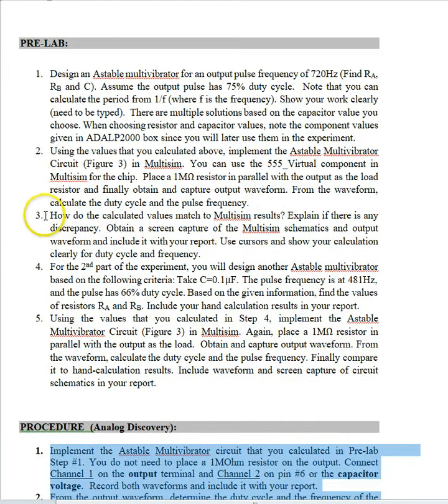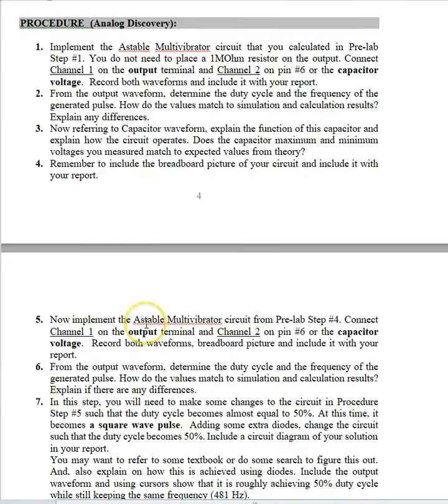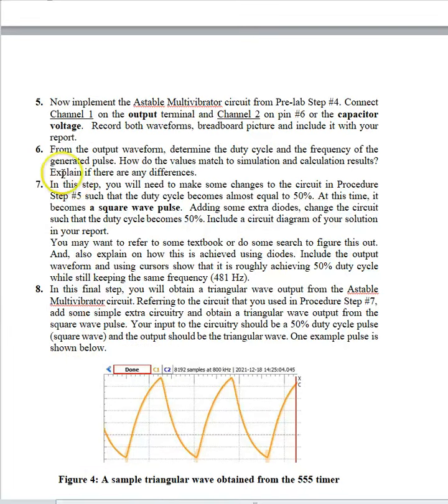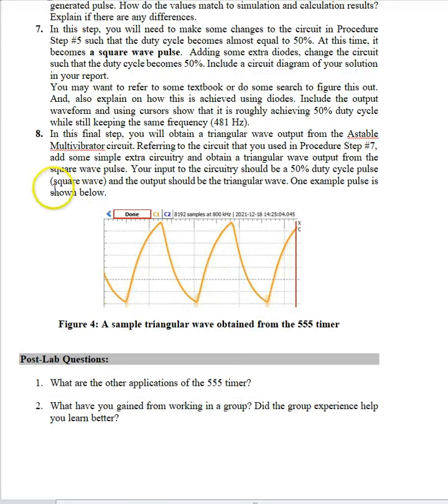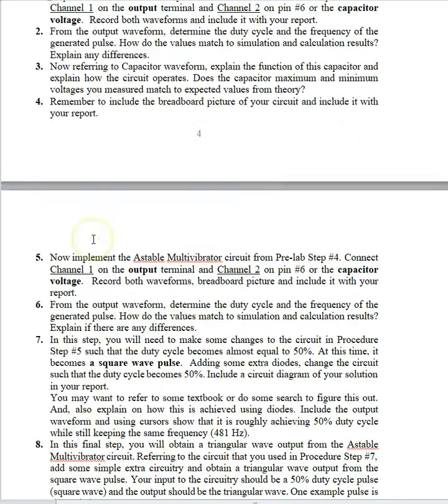The second team member can design the circuit for the 66% duty cycle for the given specifications, verify it using Multisim, and finally perform the Analog Discovery experiment of the same. And the last team member might address questions 7 and 8. These would require some thinking, and the last person might also be the one organizing the whole team report.